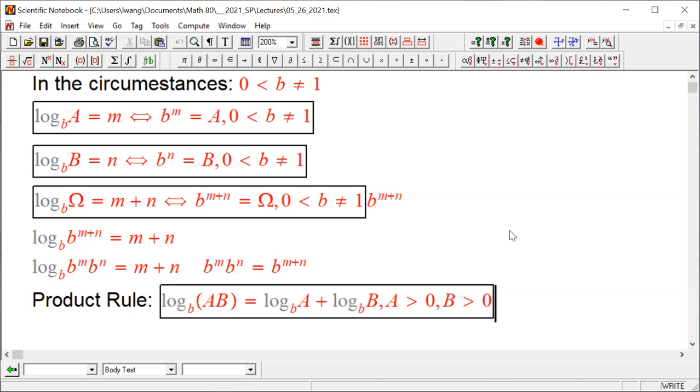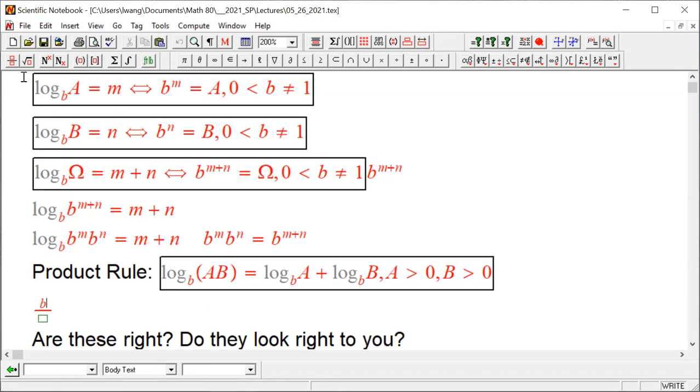Got it? Now, let's look at the quotient rule. How is the quotient rule derived? If we know this is useful in deriving the product rule, now let's look at the quotient rule. B to the power m divided by b to the power n is equal to b raised to the power m minus n.